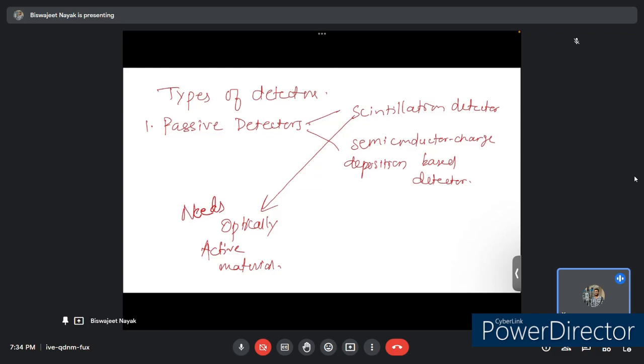Whatever free electrons are passed on to the conduction band can be collected at the surface electrode and are measured. So here we provide enough potential bias and collect electrons which are measured.